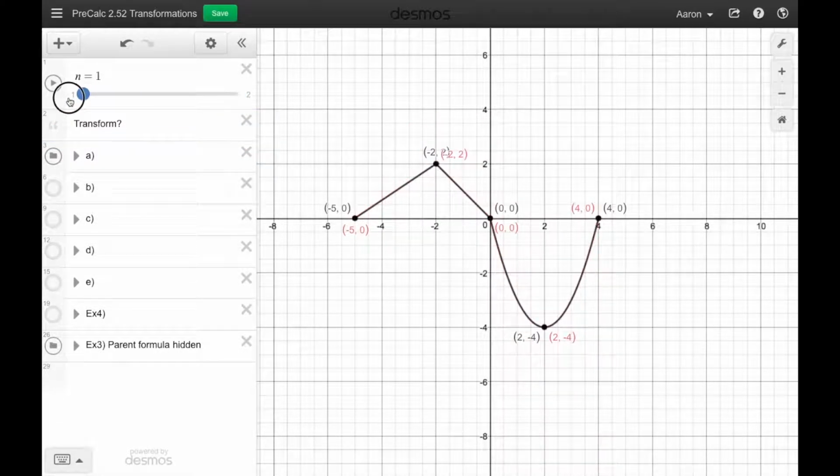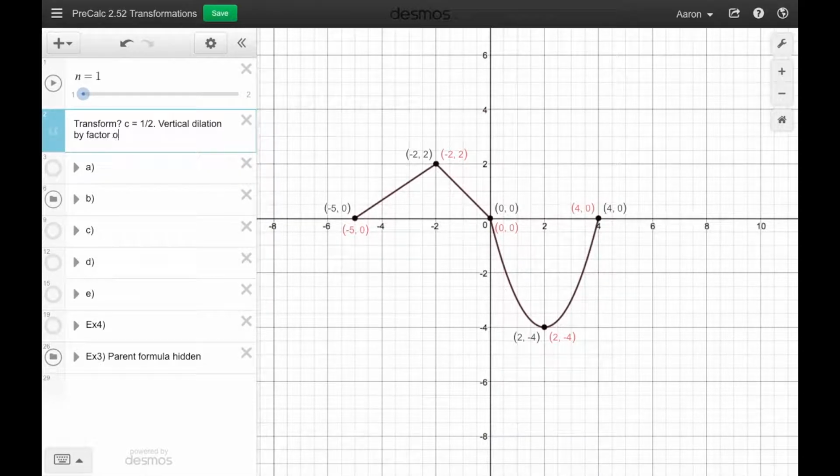So let's take a look at B. When you look at the equation, it says h of x is equal to 1/2 f of x. That means you have a c value equal to 1/2. That's going to be a vertical dilation by a factor of 1/2, or 0.5.